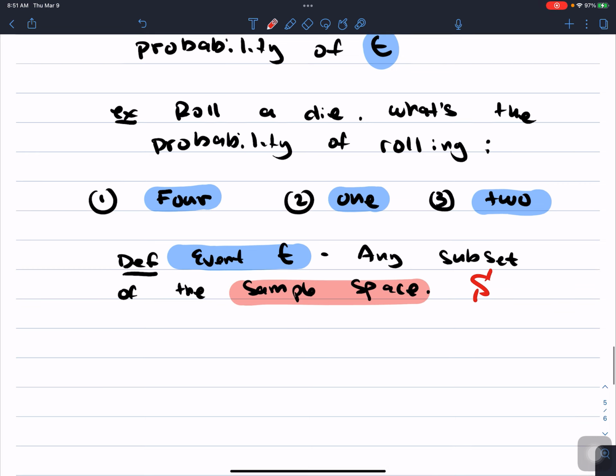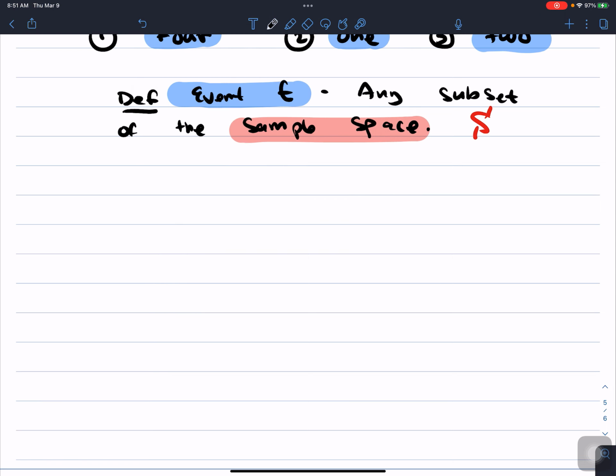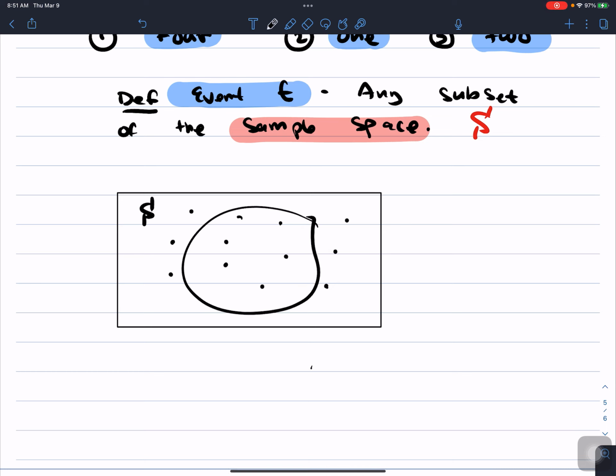Now, you might say, what is a subset? Well, here's a subset here. I'll draw a picture of a Venn diagram for you guys. Okay? So here is every outcome in the sample space. We'll call that S for you guys. E is contained in S. So we say E is contained in S. Any subset of the sample space.